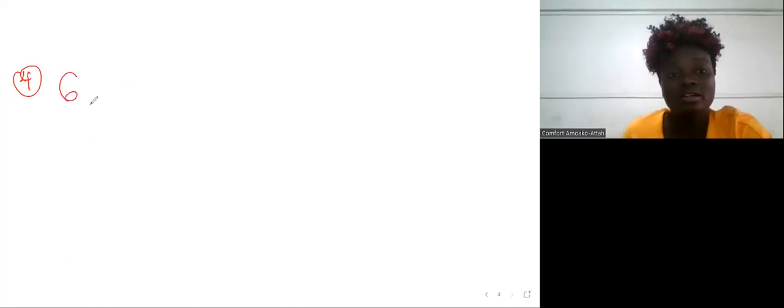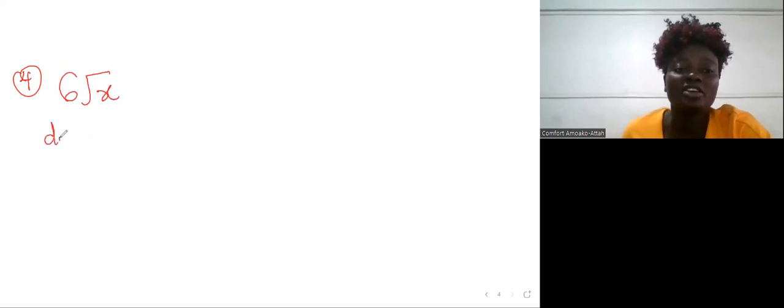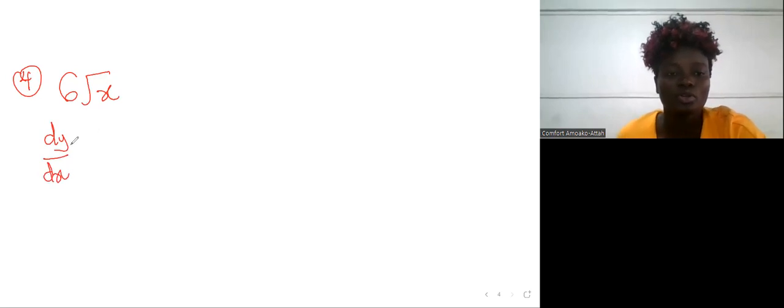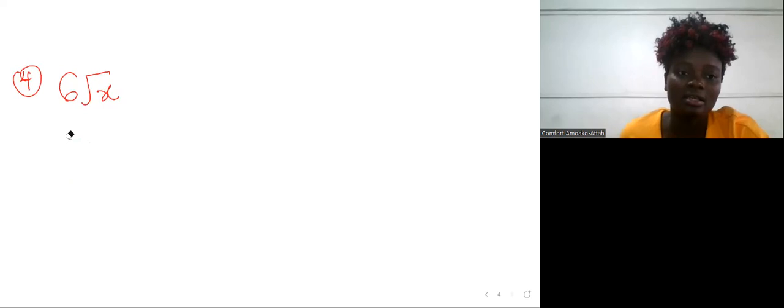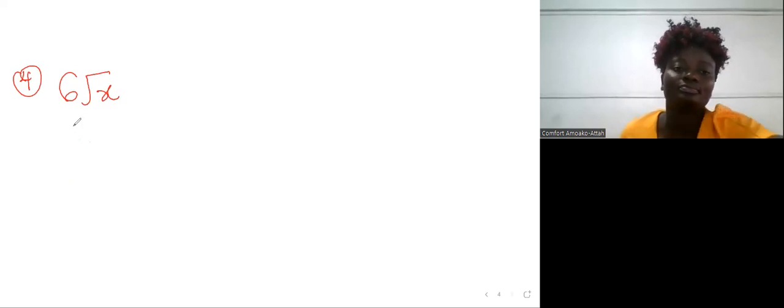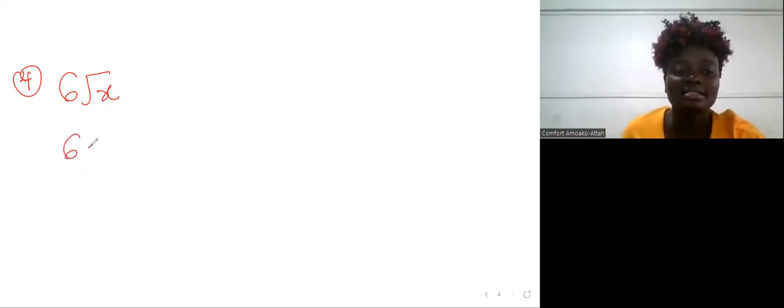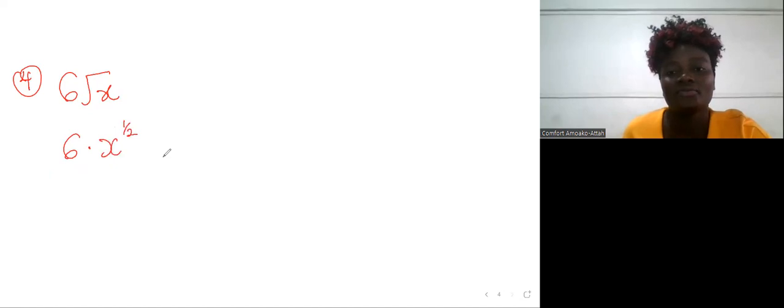6 root x. How do we differentiate this using the general rule? Let's first rewrite this. You are going to get 6 times x exponent half.